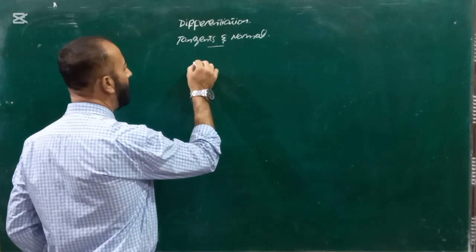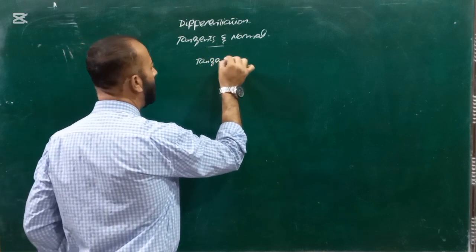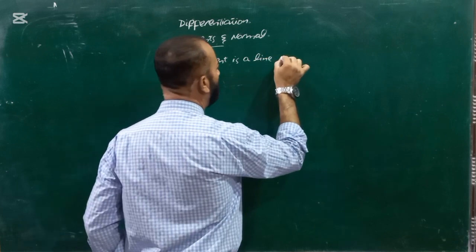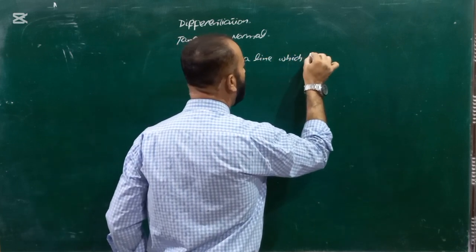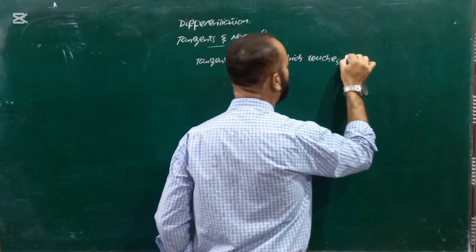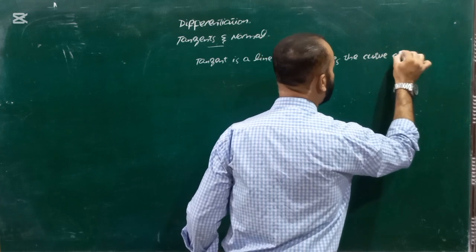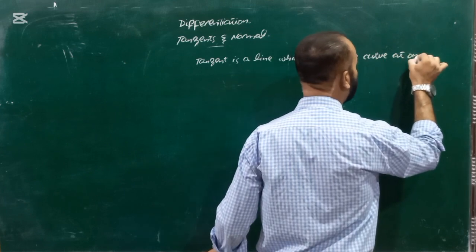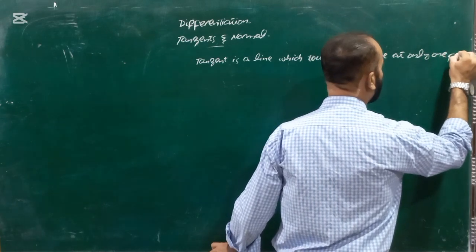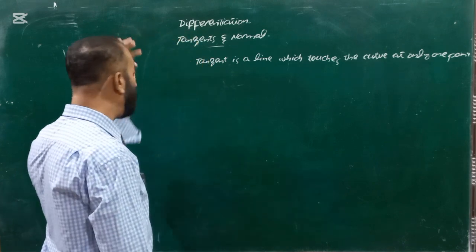So a tangent is a line which touches the curve at only one point. Okay, this is the definition of the tangent.